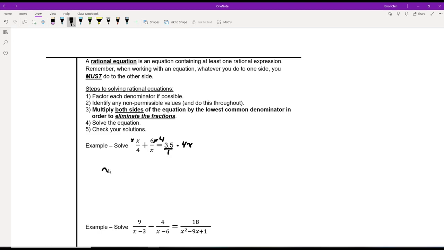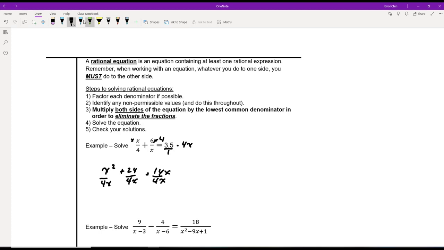So that leaves me with x squared plus 24 all over 4x, right, is equal to what looks like 14x all over 4x. Now, if you imagine, we all have the same common denominator.